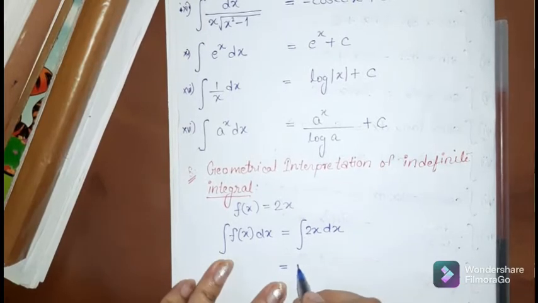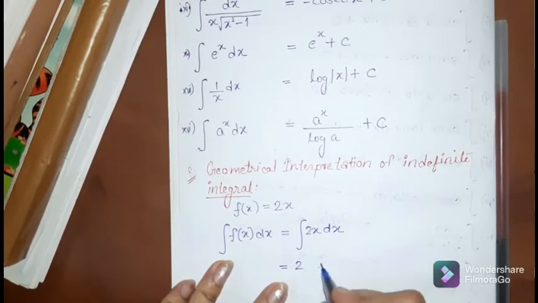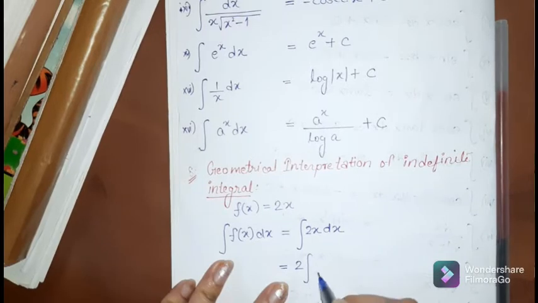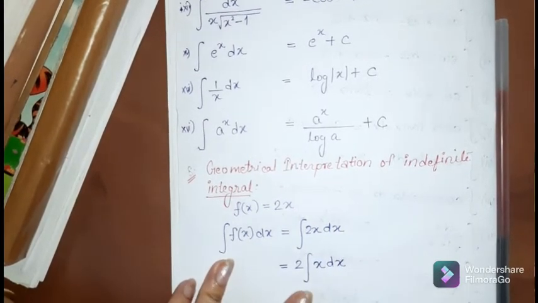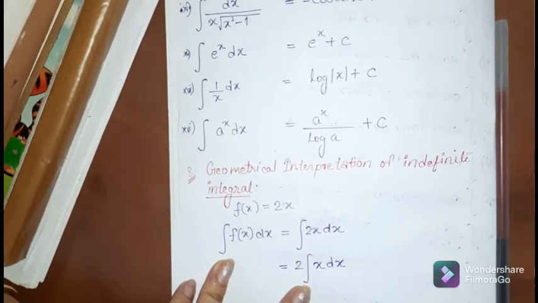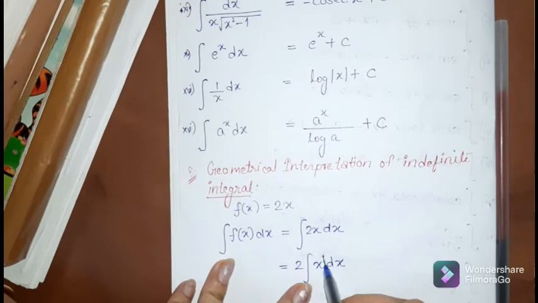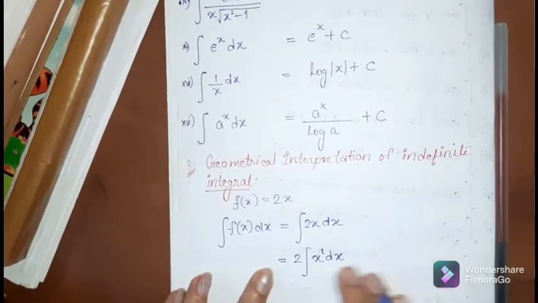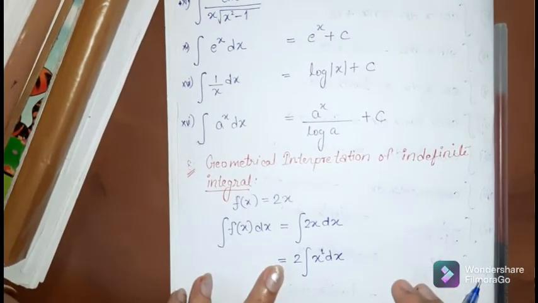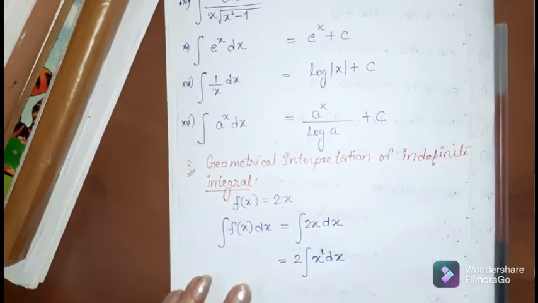2 is a constant, so we take it out, and we have integration of x dx. Now see which formula we apply. For x dx, we have studied the formula for x to the power n. Here n is 1, so integration of x to the power n dx is x to the power n plus 1 divided by n plus 1, plus c.